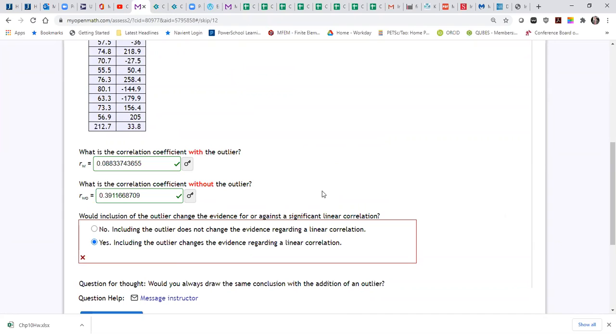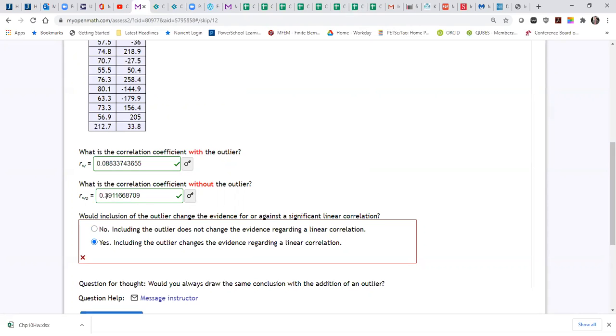Okay, so what do you think? Including the outlier does not change the evidence regarding the linear correlation. Yes or no? Currently the answer is no, because you can see this is a really weak correlation, right?